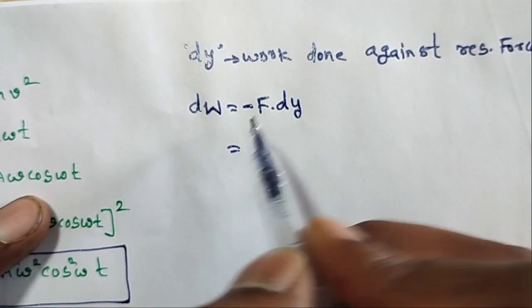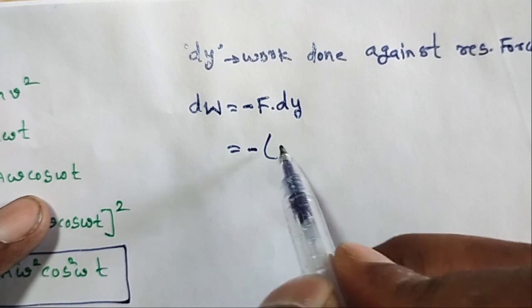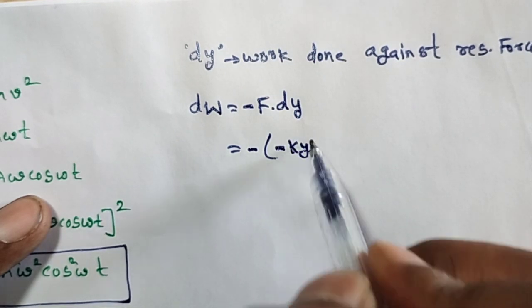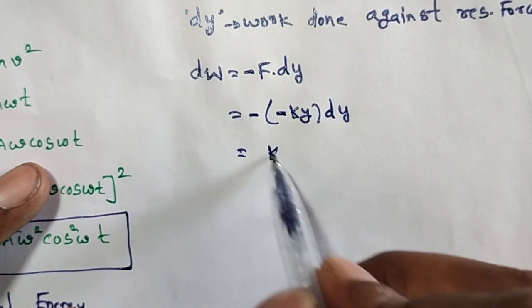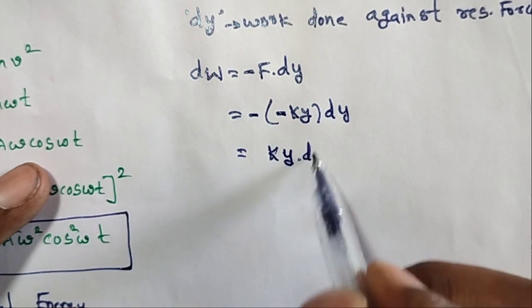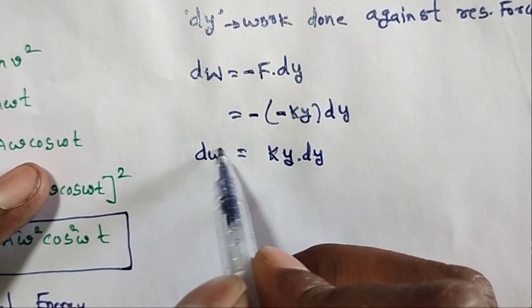Since F is equal to minus ky, dW is equal to minus into minus, plus k y dy. So this is a small work done.